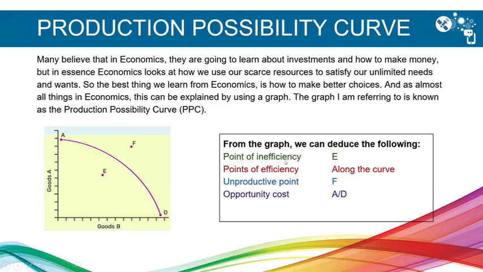There's a point of inefficiency, which is at point E. The points of efficiency are anywhere along the curve, and your unproductive point is point F, and your opportunity cost is either point A or point D, or as I said, you can look at any combinations of doing A and B.